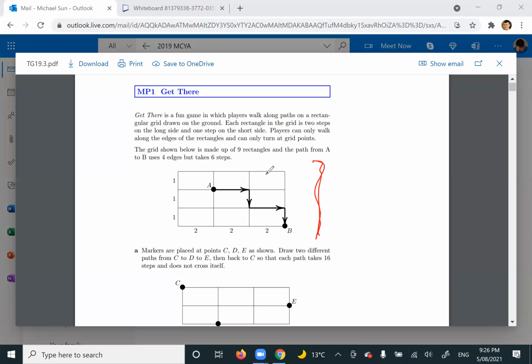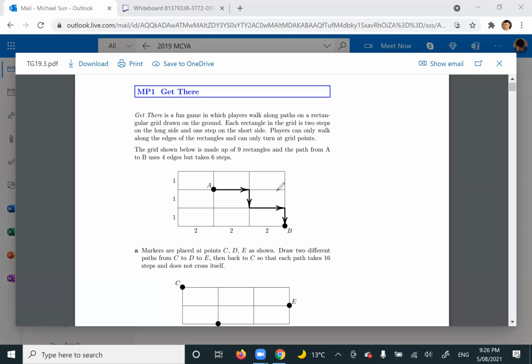See? It's made up of 9 rectangles. Are there 9 rectangles here? Yeah. That's 1, 2, 3, 4, 5, 6, 7, 8, 9, yeah? And the path from A to B uses 4 edges, but takes 6 steps.